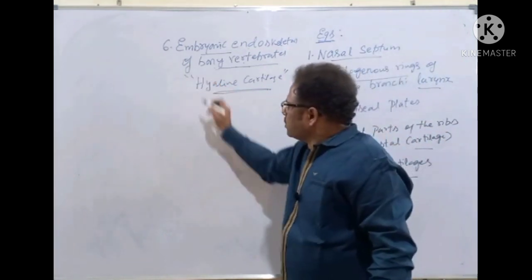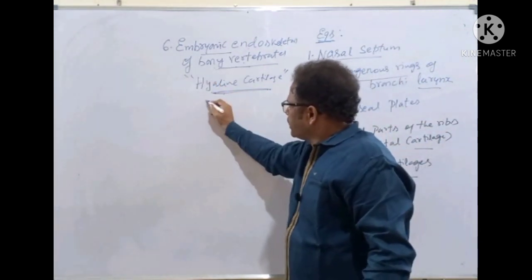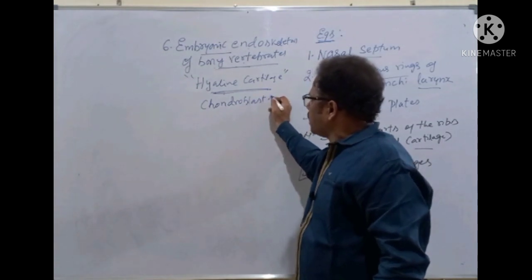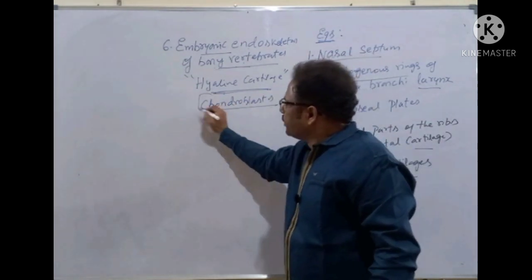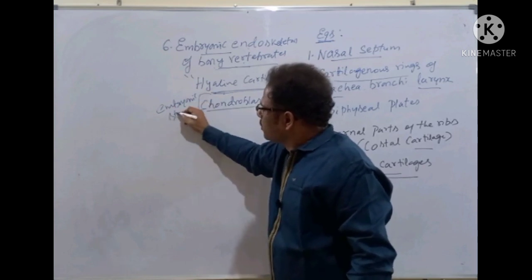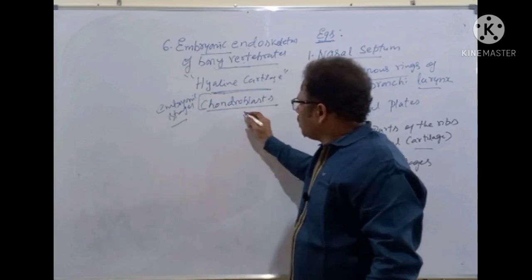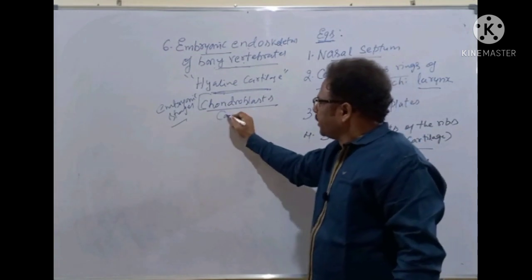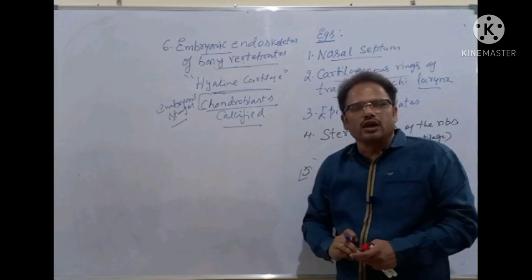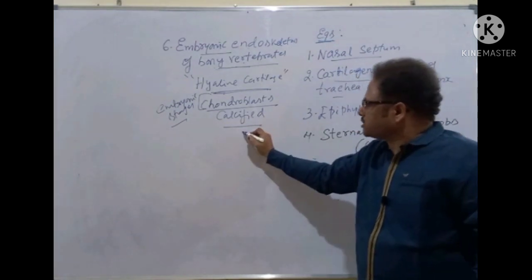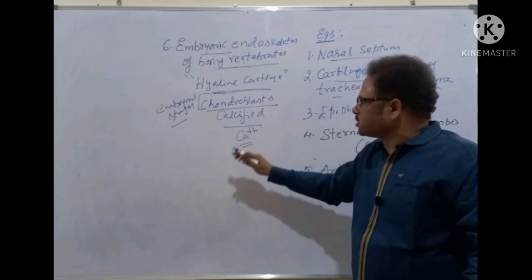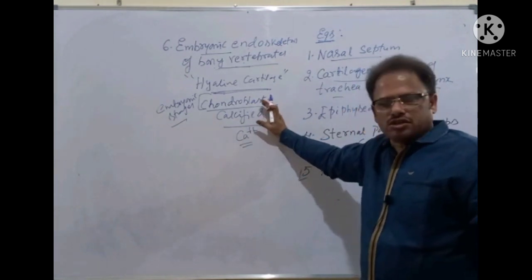Clear, students? This hyaline cartilage contains the chondroblasts in the embryonic stages. But these chondroblasts get calcified. What is calcification? Deposition of more calcium into the cartilage. That's called calcification.